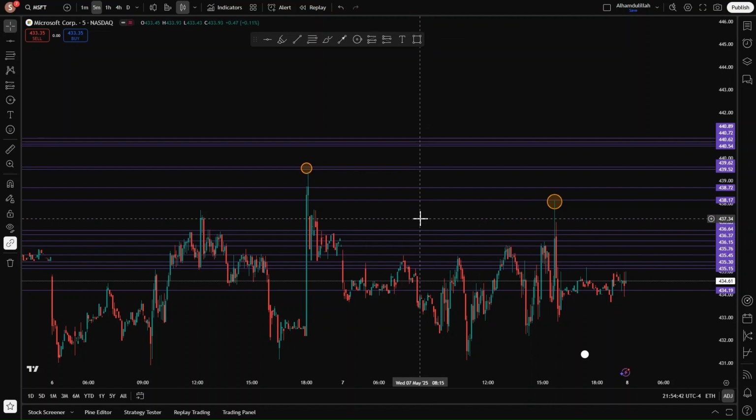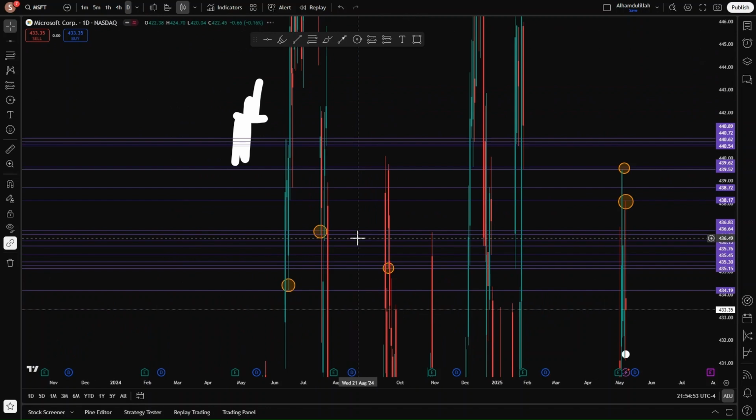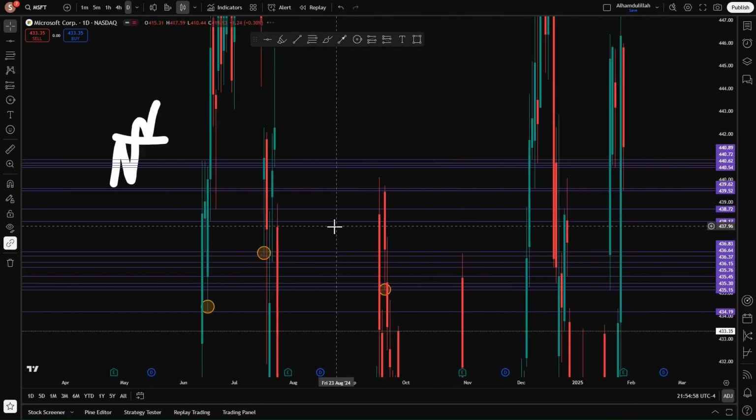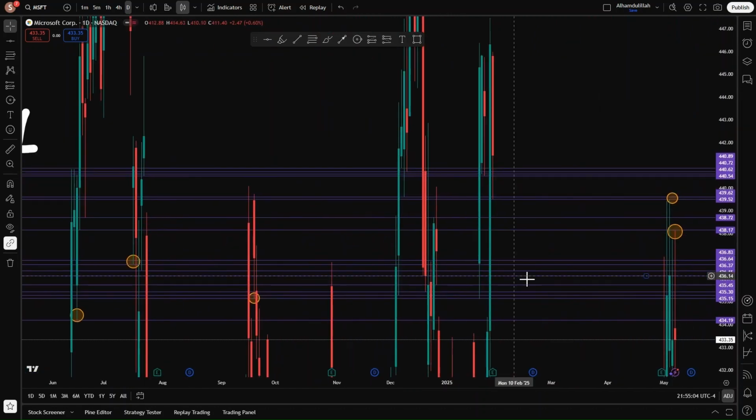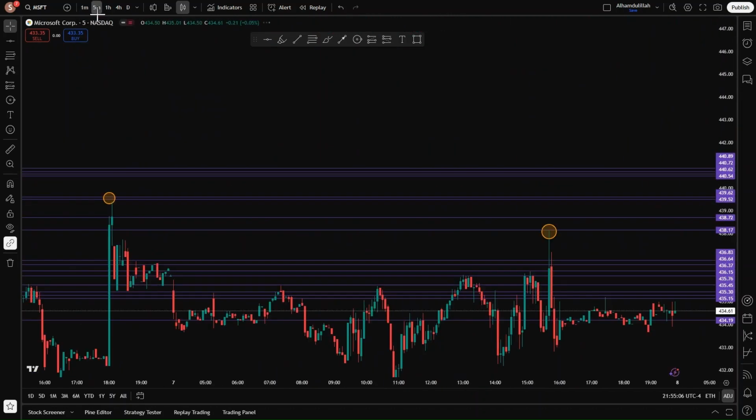So boom, you could do it like that, and there's also a way to find short trades. Remember, for long trades, you're going to be on your daily time frame. Look above current price. You're going to be marking lines on the bottom wicks on the daily, starting from left to right until current price is relevant.